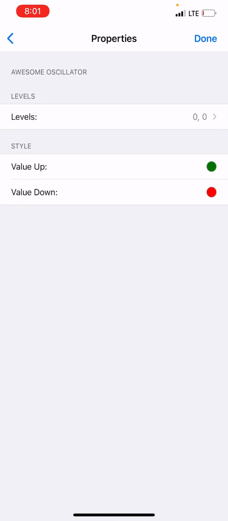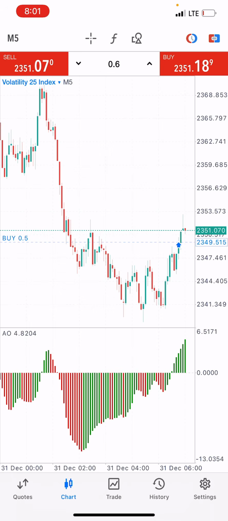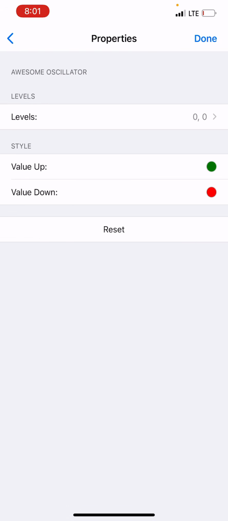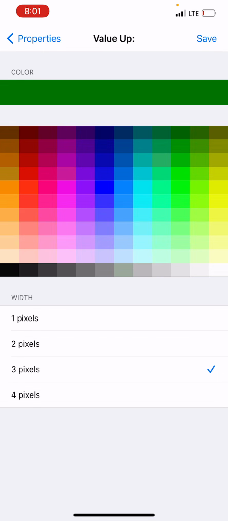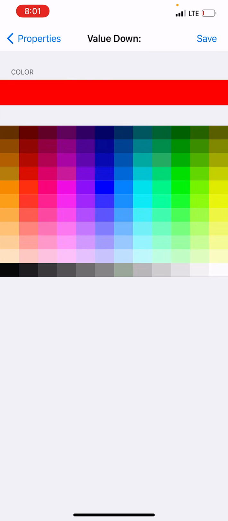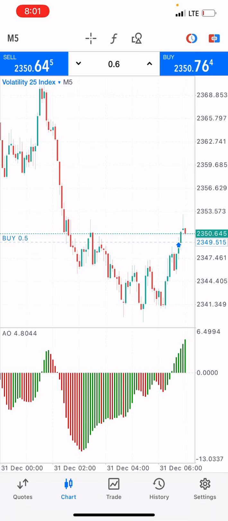Just the levels, you put it on 0, done. That is just it, guys. For the style, you make it 3 pixels. Use the color green. You save, you come down, use color red for the value down. You click done. Simple as that.